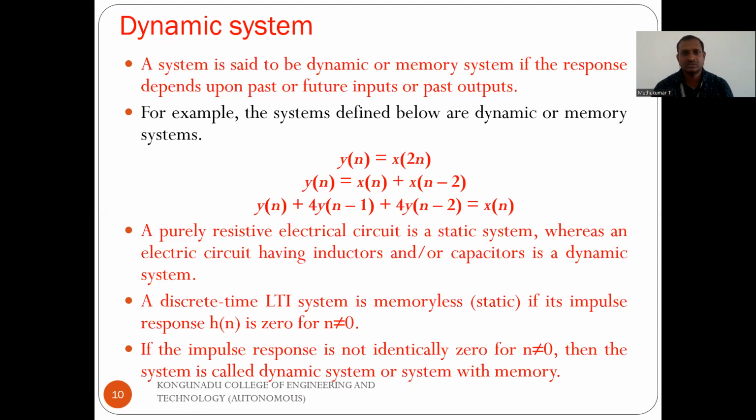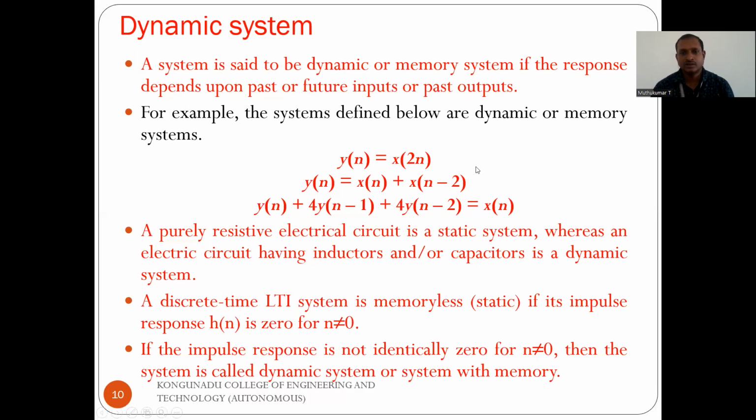So next one is a dynamic system. The system is said to be a dynamic or memory system if the response depends upon past or future inputs or past outputs. Examples: y of n is equal to x of 2n; y of n equal to x of n plus x of n minus 2; y of n plus 4 into y of n minus 1 plus 4 y of n minus 2 equal to x of n.